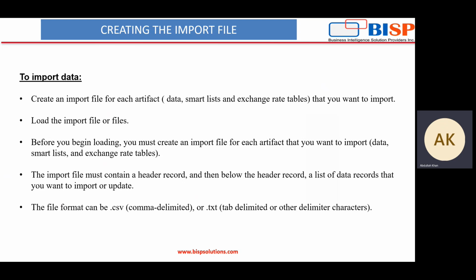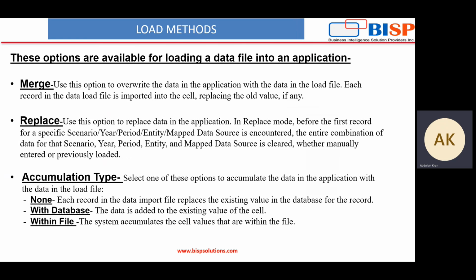In our case, we are importing the data itself. Then we will begin the loading by going to the application, selecting the file format which we want to import, and clicking on the various options that we have. So the load method options will be shown when we are importing the data.